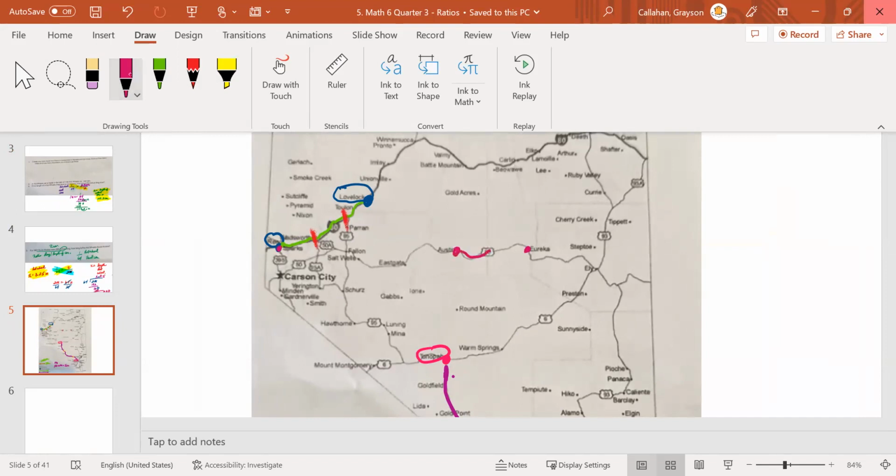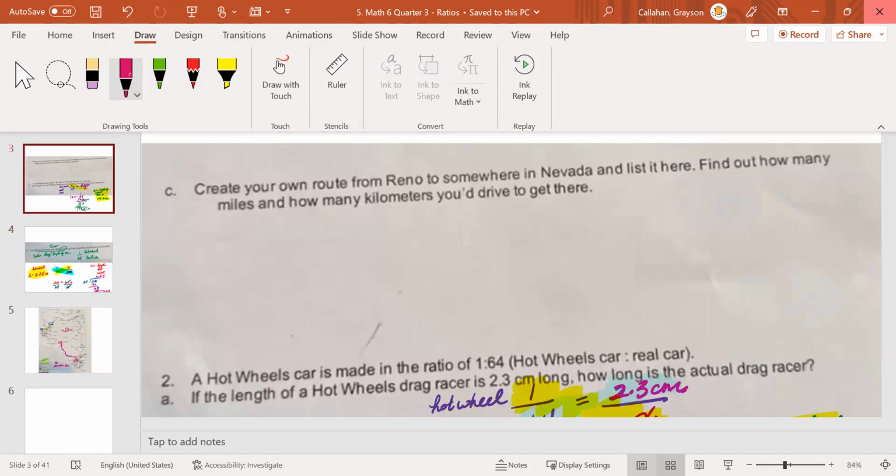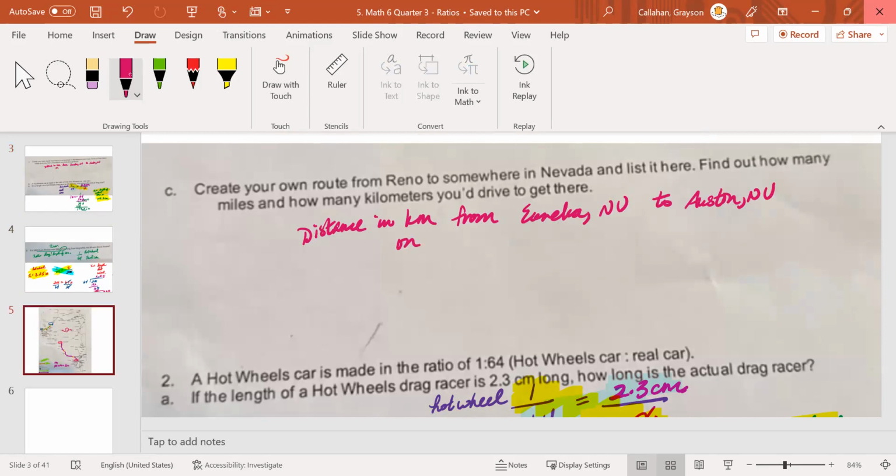Okay. What freeway are you using? What's this one right here? Eureka to, yeah, so then you can just write something like distance in kilometer from Eureka, Nevada to Austin, Nevada on, is it freeway or is it, let's see.